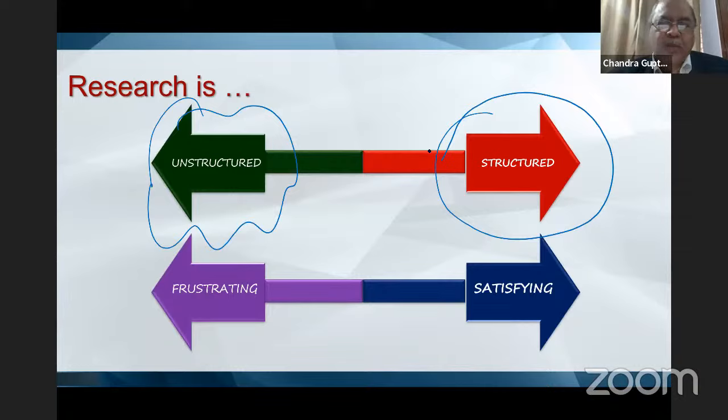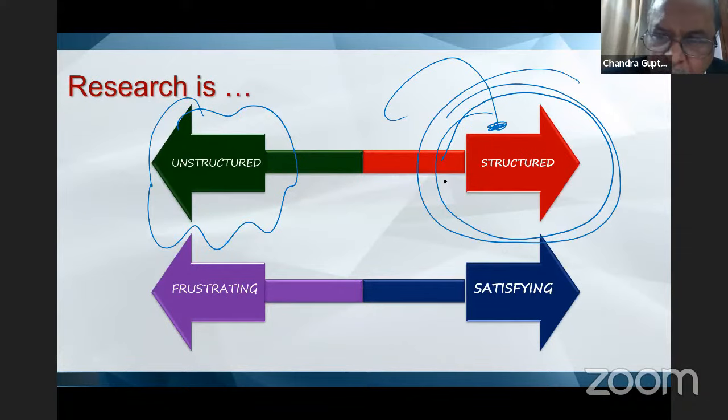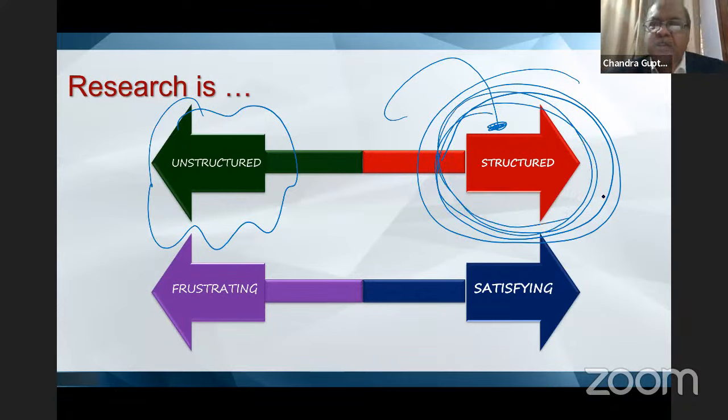You don't know how you are moving, but the output which you communicate to the people, that is highly structured. So it is structured, what is to be done, what is not to be done in research. You can have a formal discussion on it, but what actually you go and do, that is totally unstructured.